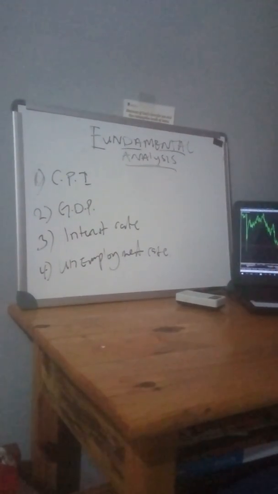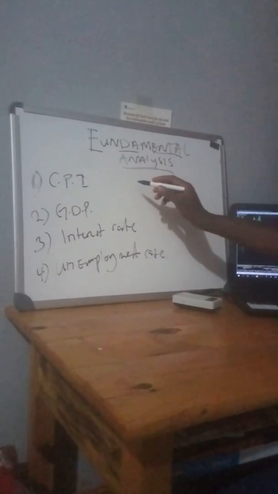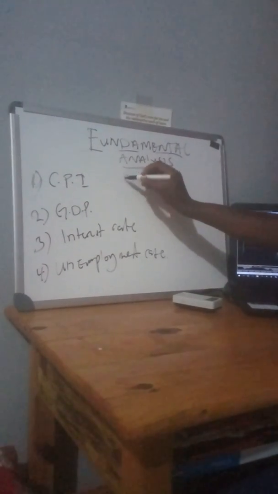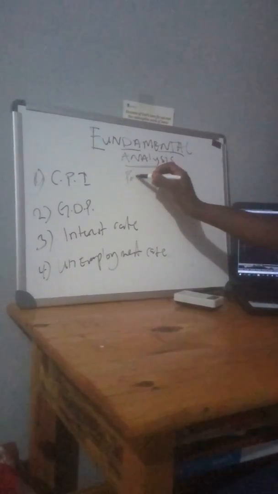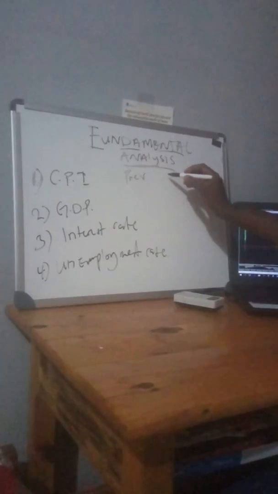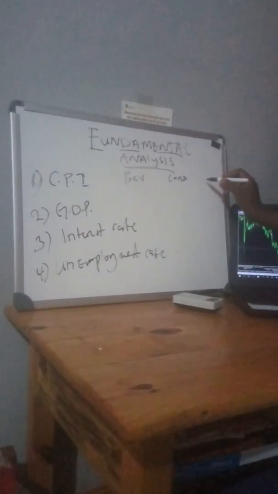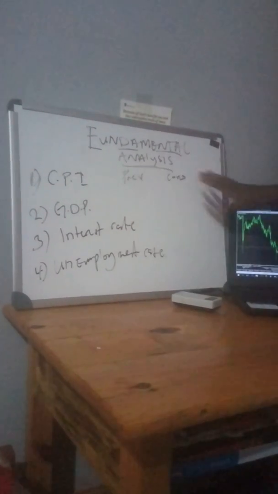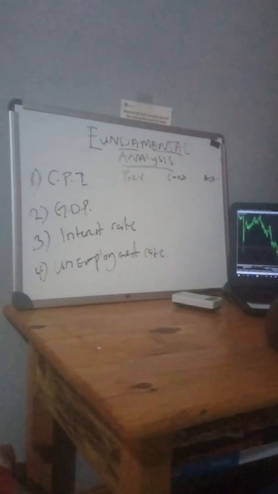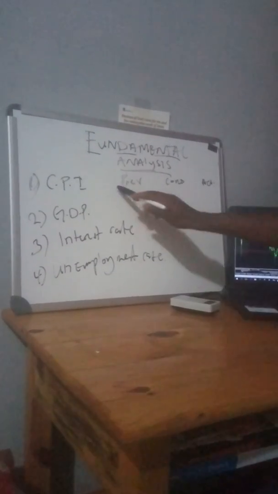If you find a news event on your calendar, you see something like previous, then consensus, and actual. Those are the three terms that I need you guys to understand: the previous figure, the consensus, and the actual figure.